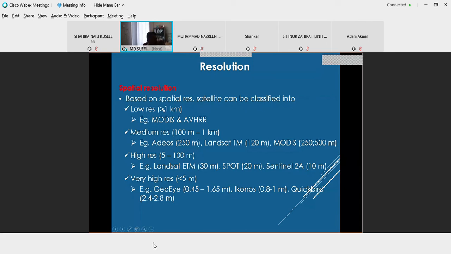Low resolution, more than 1 kilometer, examples are MODIS and AVHRR, with very high radiometric resolution. Then medium, 100 meters to 1 kilometer. We have high resolution, 5 to 100 meters, and very high resolution, less than 5 meters.